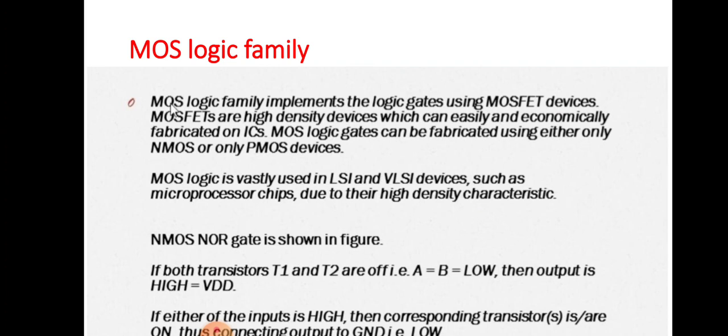MOS logic gates can be fabricated using either only NMOS or only PMOS devices. MOS logic is vastly used in LSI, that is large scale integration, and VLSI devices, that is very large scale integrated devices, such as microprocessor chips, due to their high density characteristics. The NMOS NOR gate is shown in the figure.